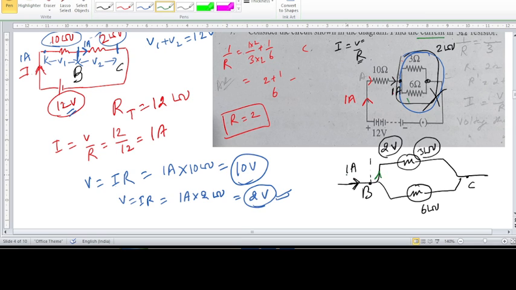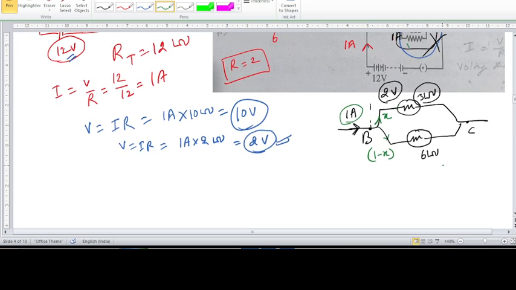If out of 1 ampere, x ampere moves here, then how much is left? 1 minus x is left. I don't know how much this x is. I'm just explaining why it is not 1 ampere. The current through this 3 ohm is not 1 ampere, remember, because the current here will be distributed since both are in parallel. So now we calculate the current through this 3 ohm resistance.